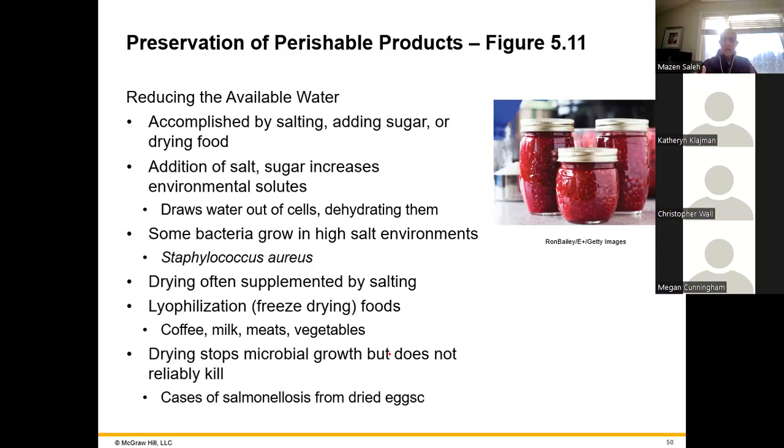Pharmaceuticals, drugs, antibiotics, vaccines, those can also be safe to freeze dry, and they can last for a long time. In fact, they have a very extended shelf life. But you don't want to have lyophilized strawberry again, right? Or lyophilized steak.